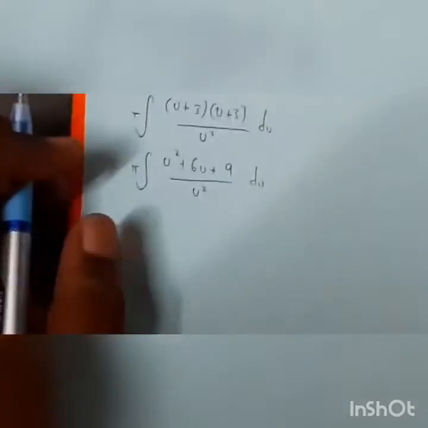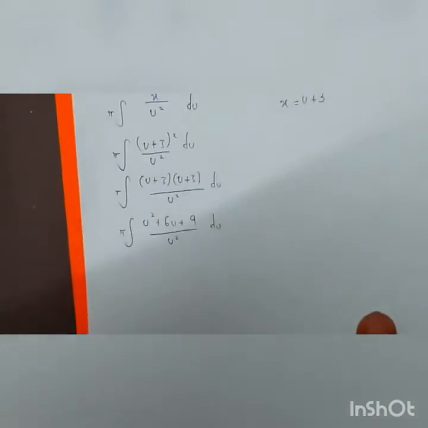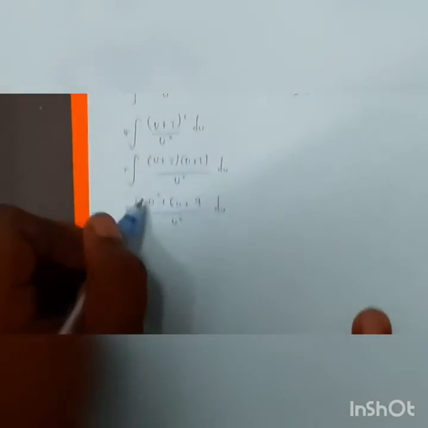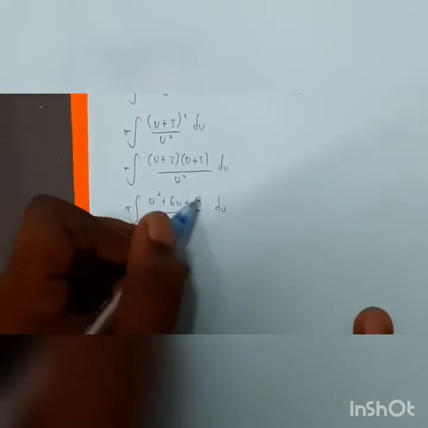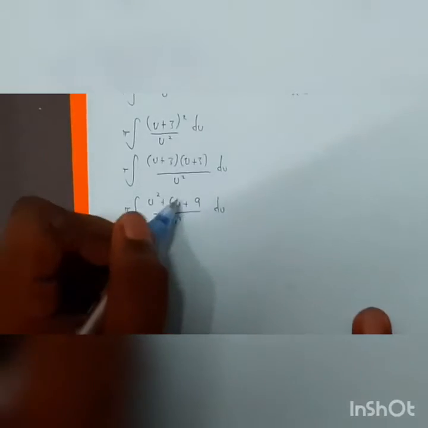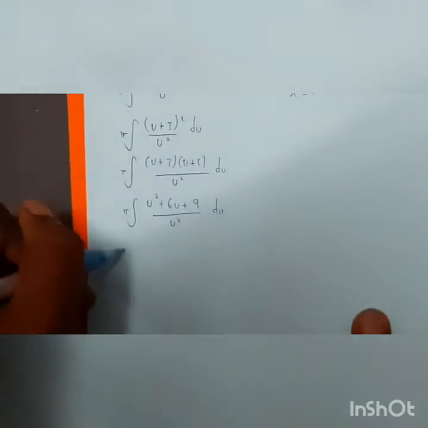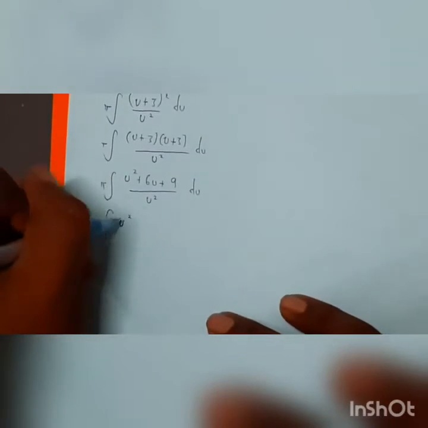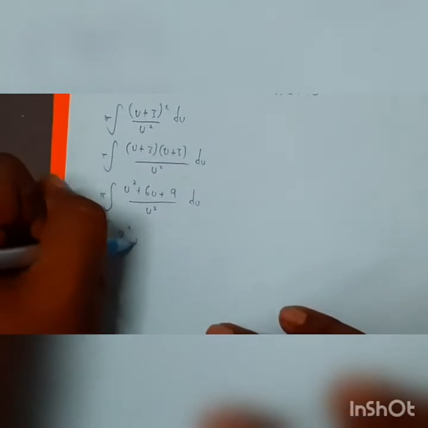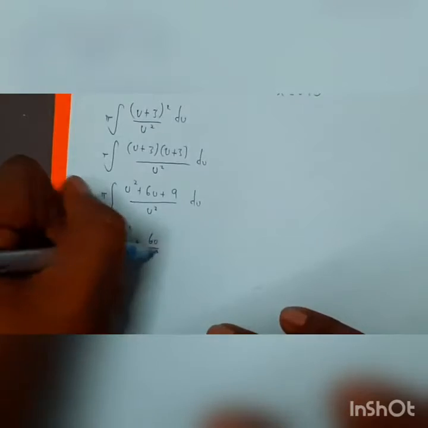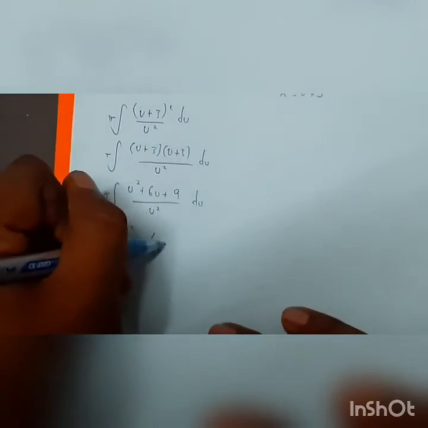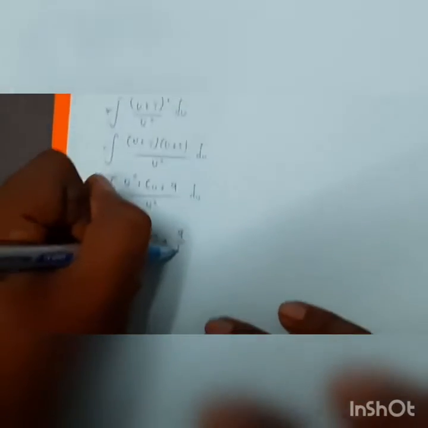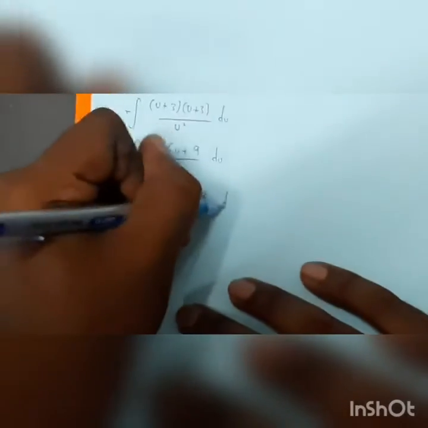As you can see, the denominator is u squared, which is a single term, and the numerator is composed of many terms, u squared plus 6u plus 9. So what we can do is split this fraction and write it as u squared over u squared, plus 6u over u squared, and also plus 9 over u squared.